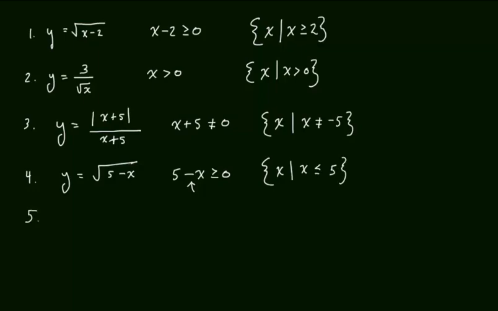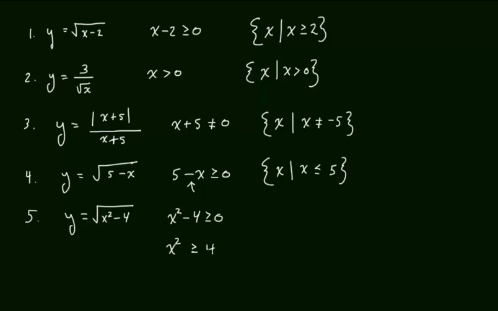Number 5. Oh, this one is a little bit more interesting. x squared minus 4. The radicand has to be positive. Now let's watch when we solve this one. I'm going to add 4 to both sides.